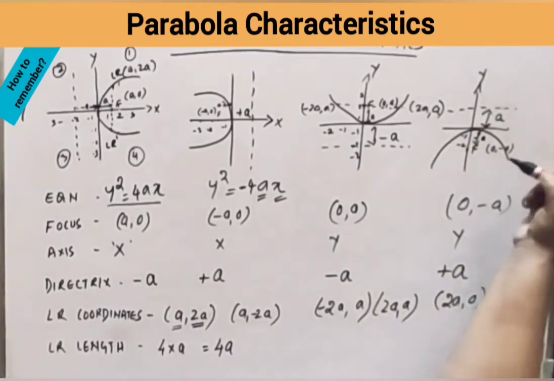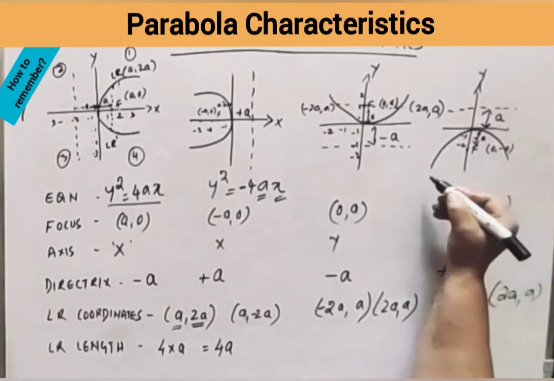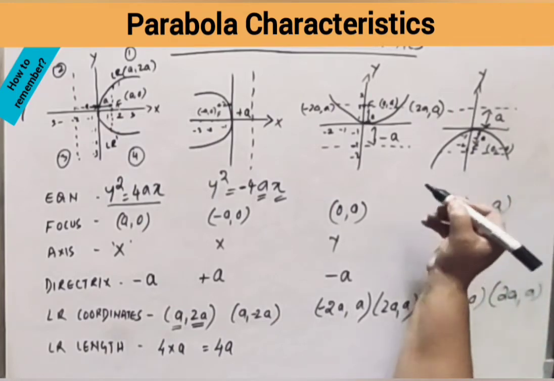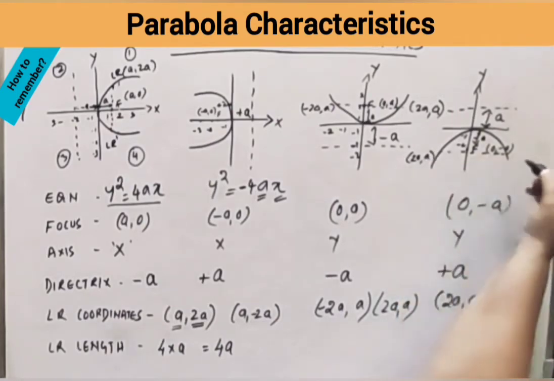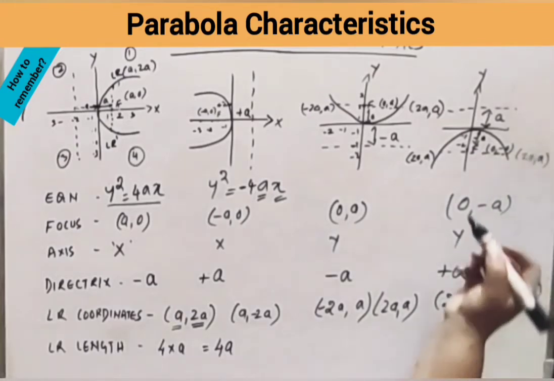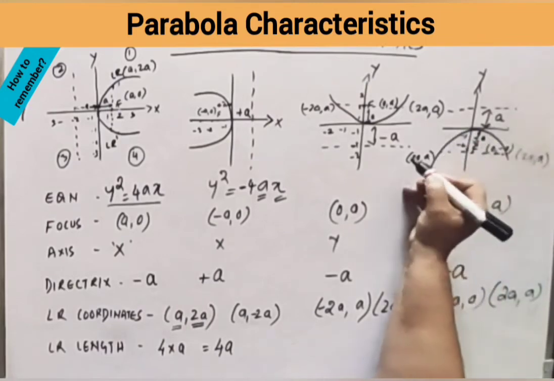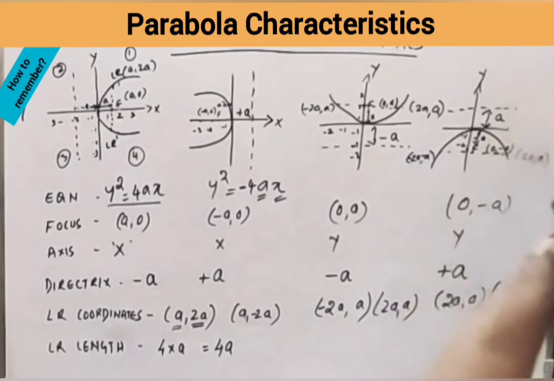Now, let's come to the LR coordinates of the fourth type, right? Here, these will be the LR coordinates. So, again this will be of the form 2a and a. Now, what will be the signs? Here the x coordinate is minus, so it will be minus 2a, and the y coordinate is also minus, so it's minus a.